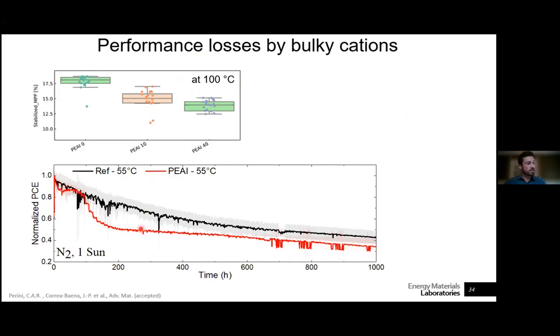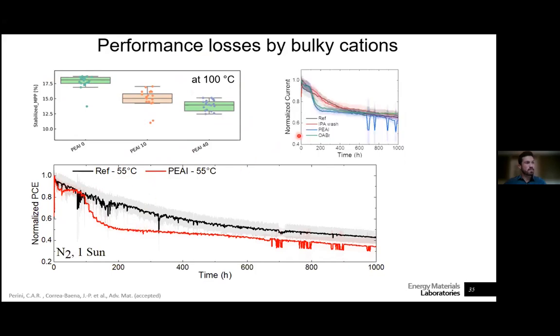And it can be shown that this drop is especially related with changes in the currents in the device, with this increasing thickness of the bulky cation layer being responsible for worsened charge carrier extraction.